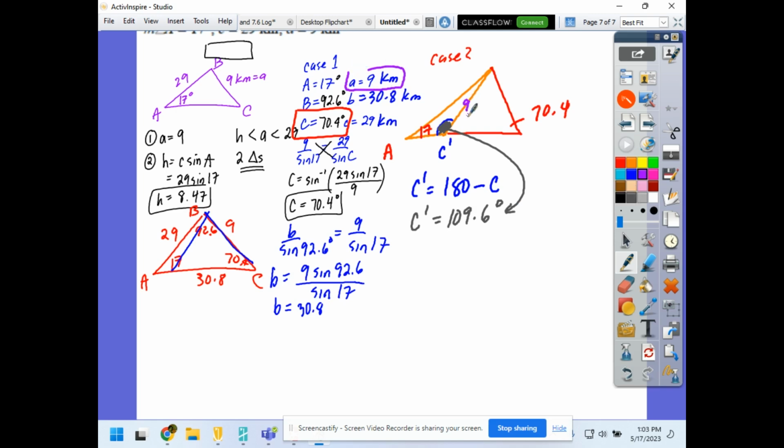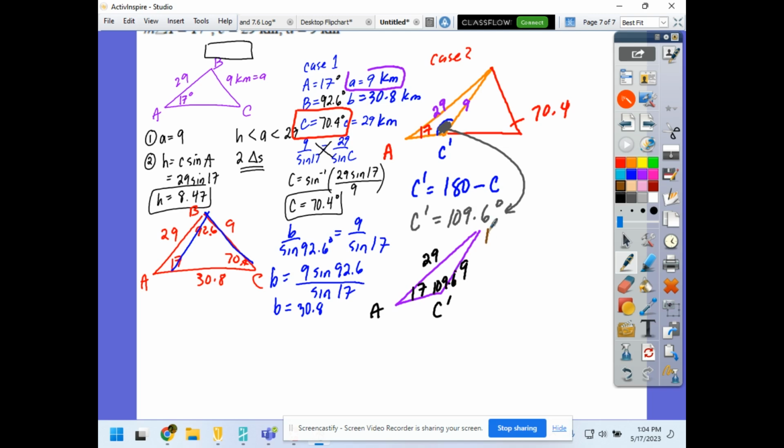This will still be a 9. Your side C will still be 29. That's not going to change. So again, your triangle will be something like this. This is your 17. That is your 9. This is your 29. And this is your A. The new C prime is 109.6 degrees.